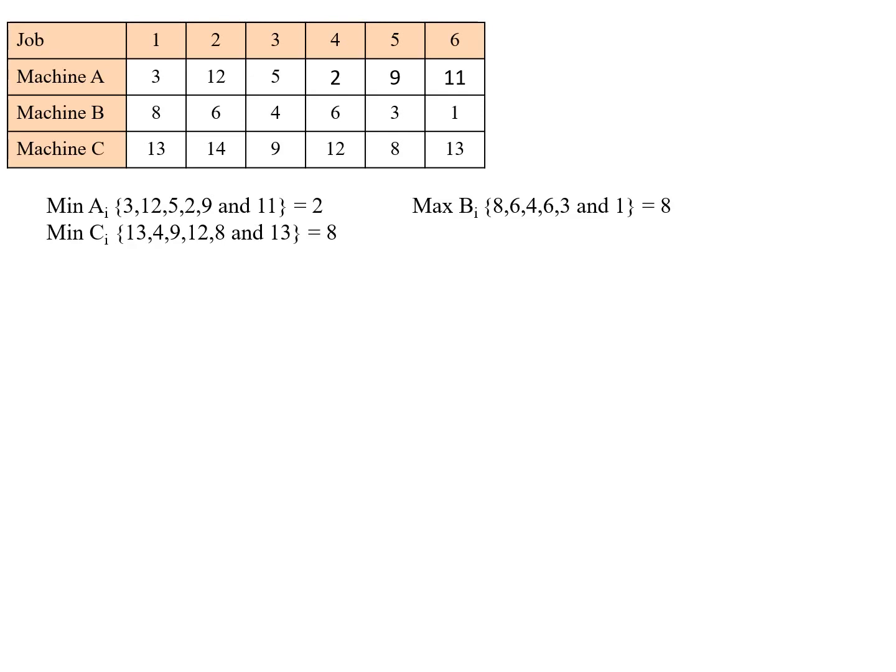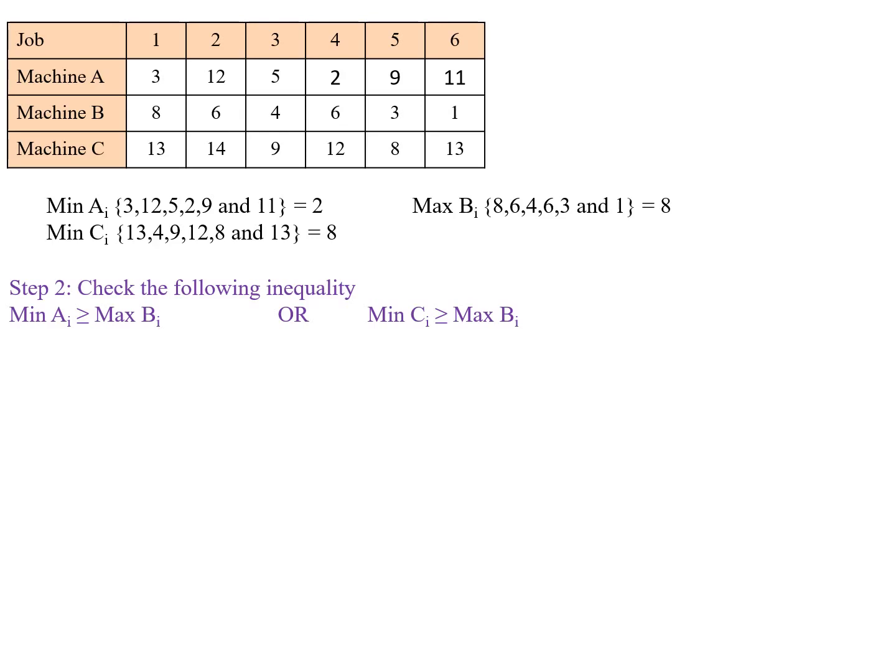Next, we move to the second step, that is to check the following inequality. Here two inequalities are there. The first inequality is minimum AI is greater than or equal to maximum BI, or minimum CI is greater than or equal to maximum BI.